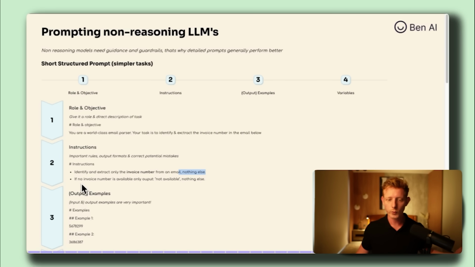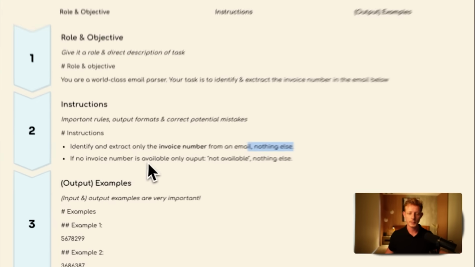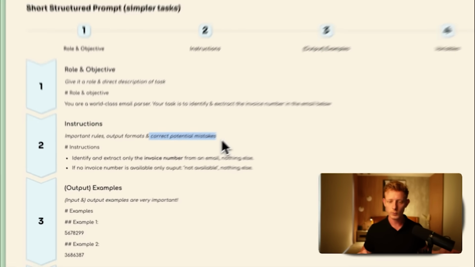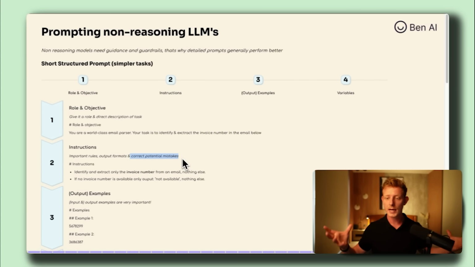And then the second rule we have here is, if no invoice number is available, only output "not available," nothing else. And this is what I mean here with correct potential mistakes. It's really important in these automation systems to instruct language models what to do if something goes wrong or it doesn't have access to a specific piece of information, etc. Because first of all, our automation will break if it doesn't happen.